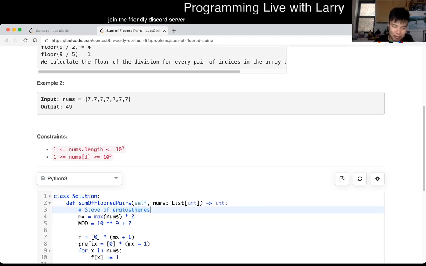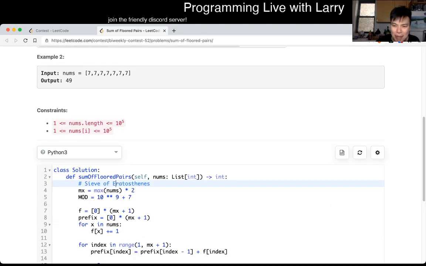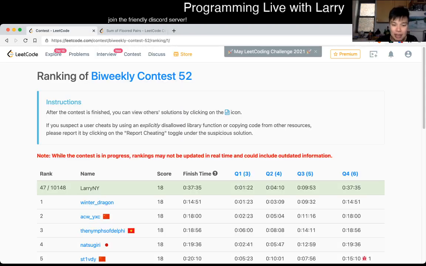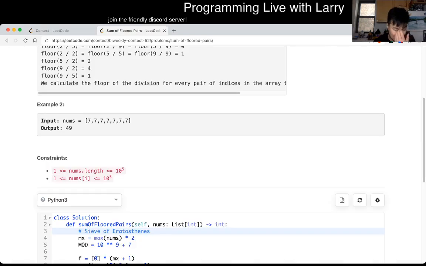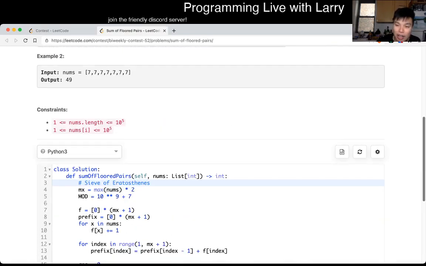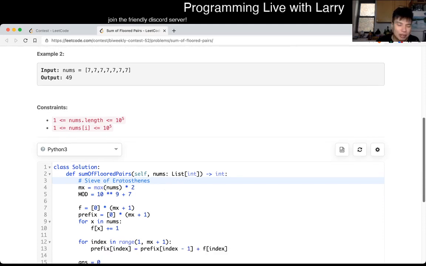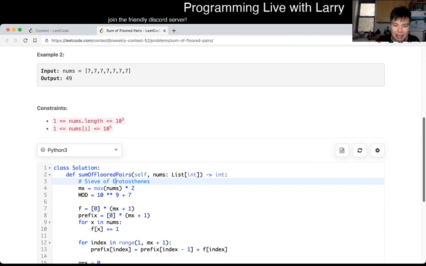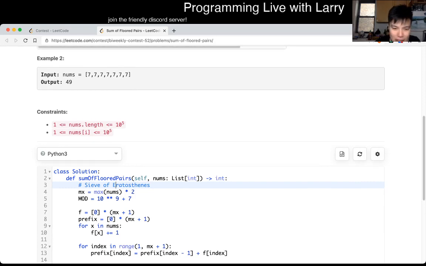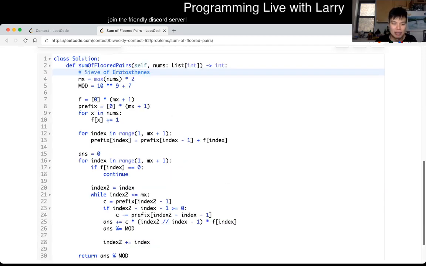I actually spent about half an hour on this problem, because mostly I was just being a little bit silly with respect to getting the max number. I was just using the max number, and that was too silly, because I wasn't counting enough things.